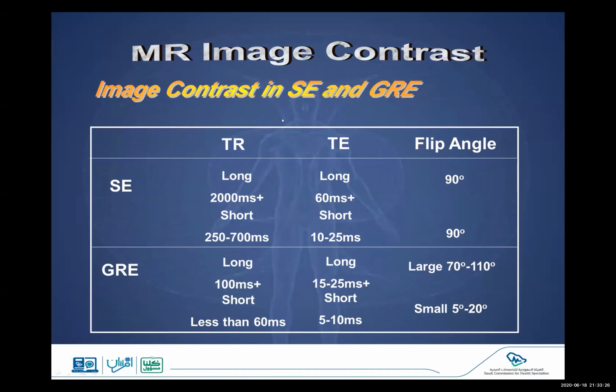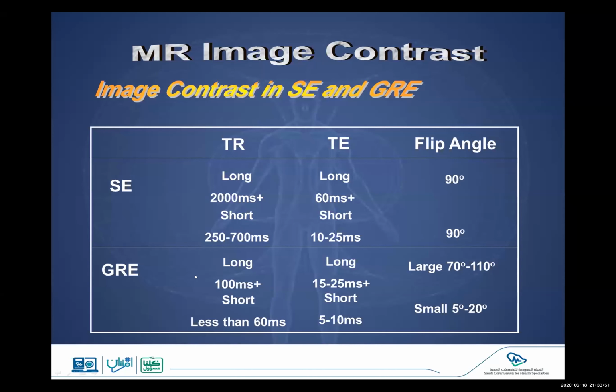In spin echo, TR should be long. Long means more than 2000. TE should be, again, long, more than 60, actually 80. Short in a spin echo means TR less than 700, between 250 and 700, or we can go even to 800, and TE from 10 to 25.